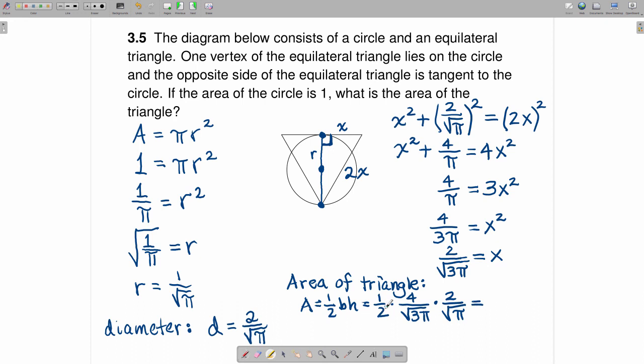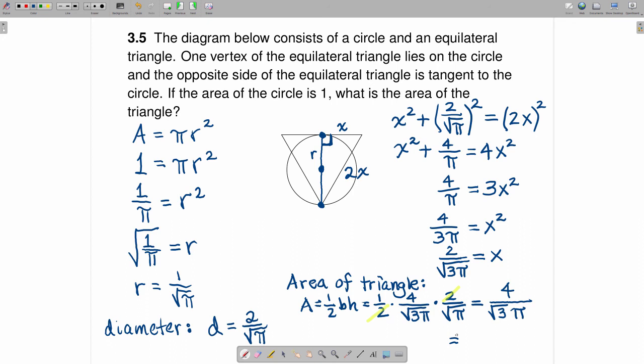Notice here that this 2 will cancel with this 2. And so what we have at the end, when you multiply those 2 square root of pi's together in the denominator, you just get pi. You get a square root of 3 in the denominator, and you're left with nothing more than a 4 in the numerator.